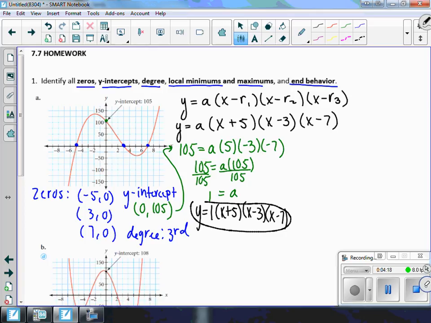It's third degree, and we're going to use that equation right now to find our local mins and local maxes. So let's go to our calculator.